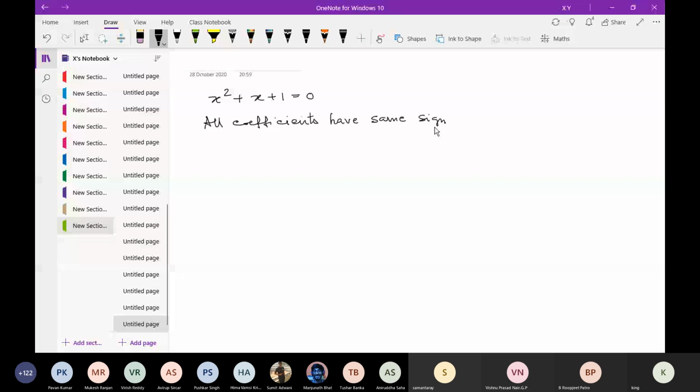And this is going to be an important criteria that we look at.